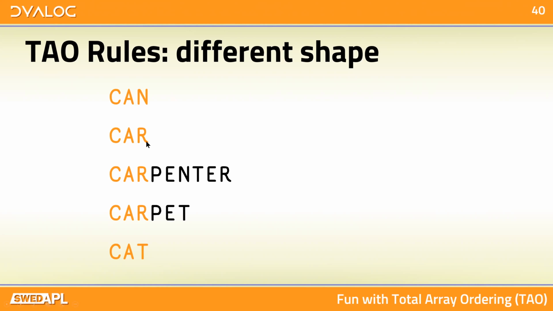So far, all the content is the same, and at this point, which really is at every point, we look at what the length is. This one ends here, and the other ones continue. The one that ends here comes before the ones that continue. So the shape is more important than the content that's there. It doesn't matter whether it's a P or a -100 or whatever it is, because it's beyond the shape. We don't care. It's something.